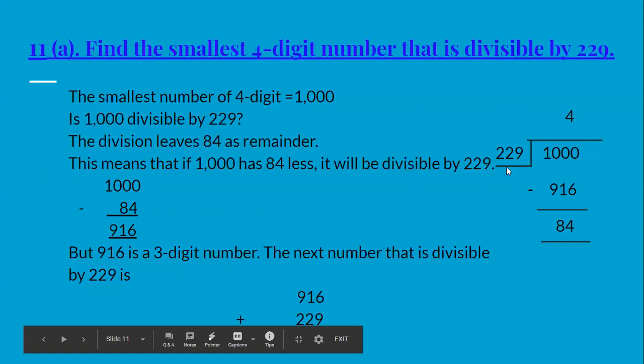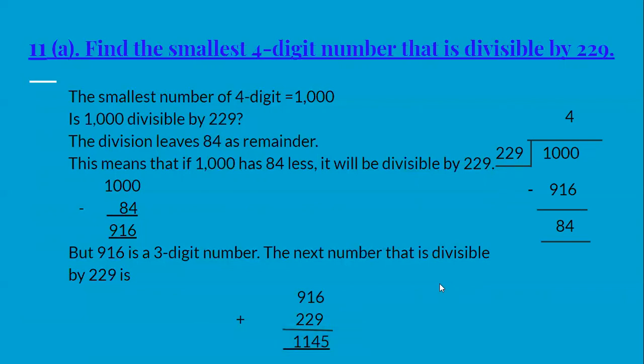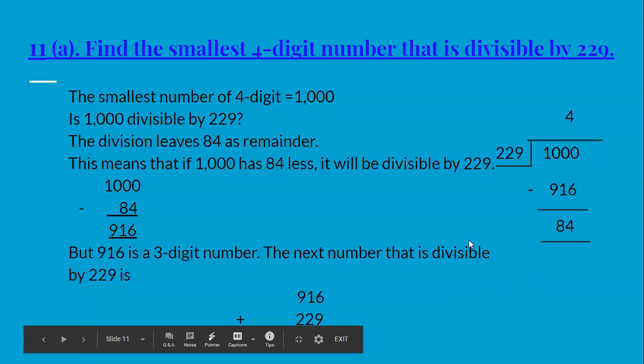And then the number we get is the smallest 4-digit number which is divisible by 229. It means 1145 is divisible by 229. Is it clear to all of you?